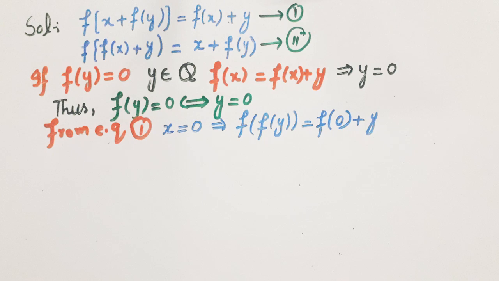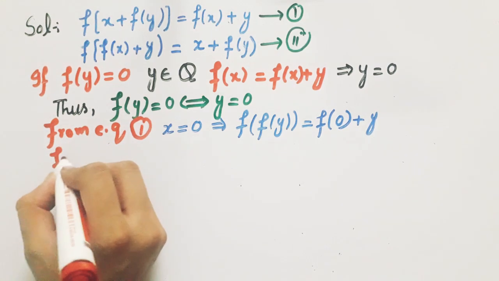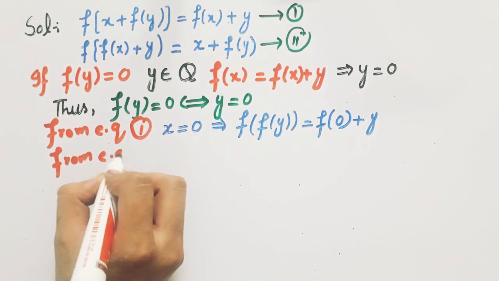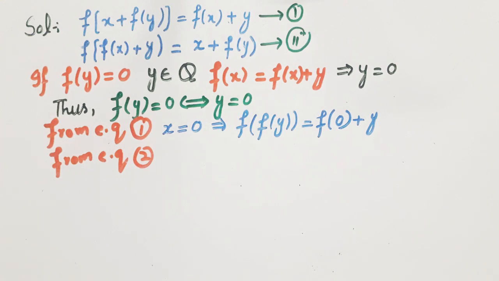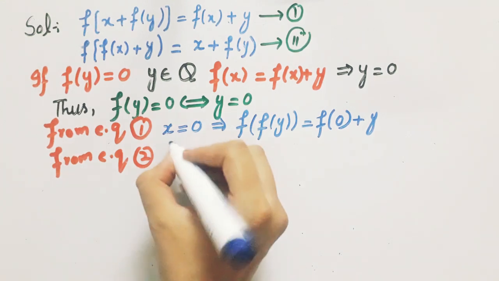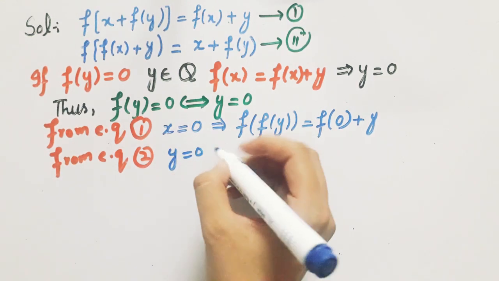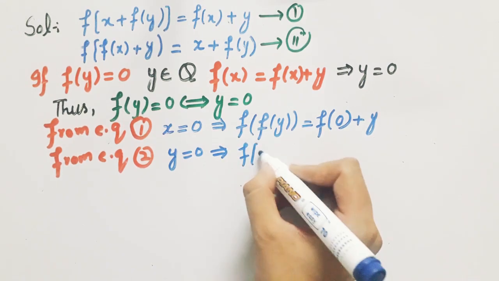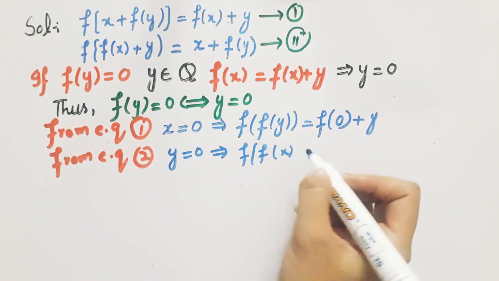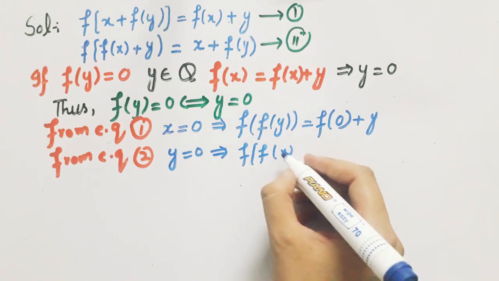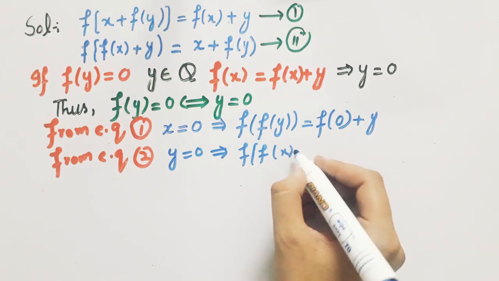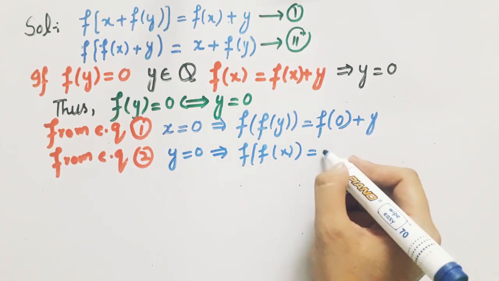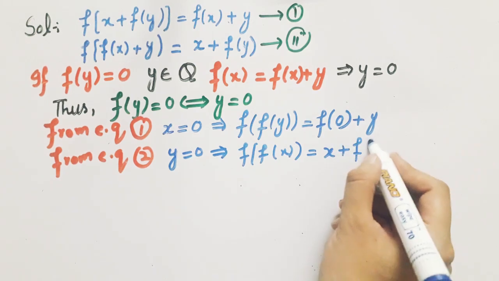And from equation 2, we put y = 0, which implies that f(f(x)) = x + f(0).